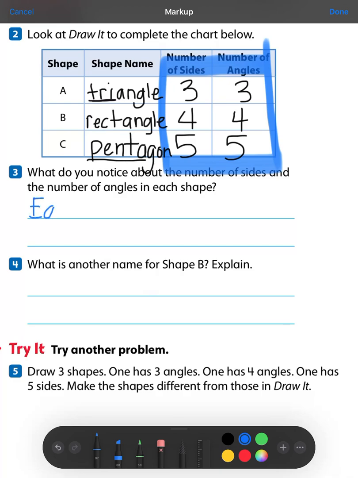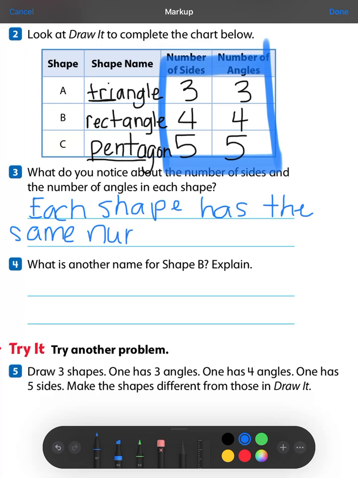Each shape has the same number of sides and angles.